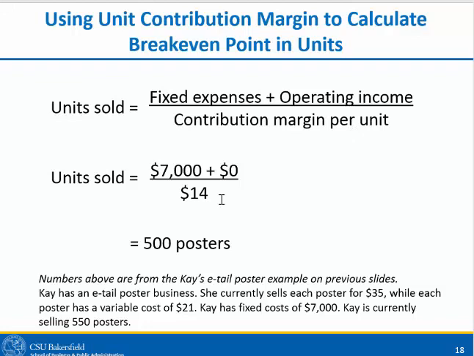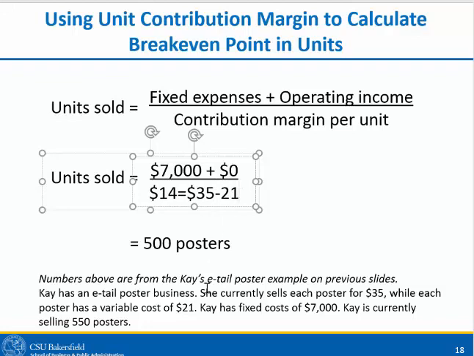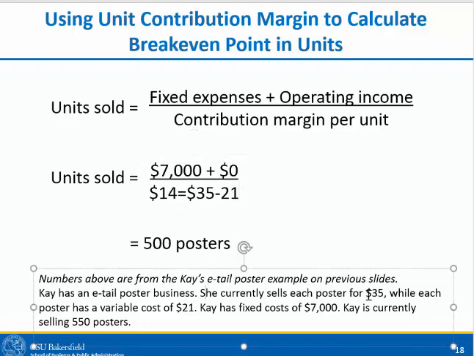You can always get this $14 from the prior slide, or you can just do a one-step calculation: selling price is $35 and the variable cost is $21, so the result is $14. You can also use this way to find the contribution margin per unit.